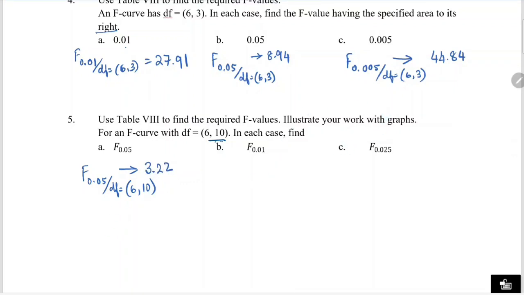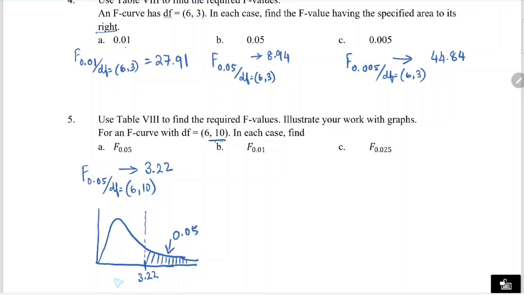All right, now if we are to illustrate this with a graph, remember an F curve is a right skewed curve, and the area will always be to the right because of the way the notation is given to us. So 3.22 will be somewhere. Let's just mark it here. This is going to be our 3.22, and this area to the right is going to be 0.05.